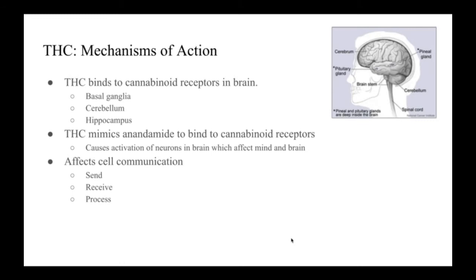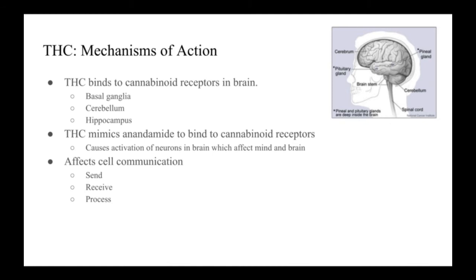For THC's mechanism of action, the cannabinoid binds to cannabinoid receptors within 3 places in the brain. These 3 places are the basal ganglia, cerebellum, and hippocampus.